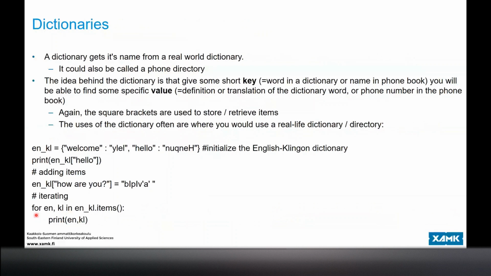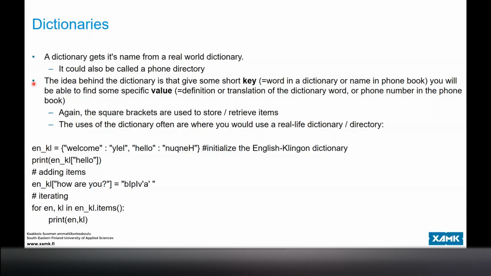The last data structure that we're going to look at is called a dictionary. Now, a dictionary gets its name from a real-world dictionary. You could also call it a phone directory if you want. The idea behind a dictionary, this data structure now looks a bit different.